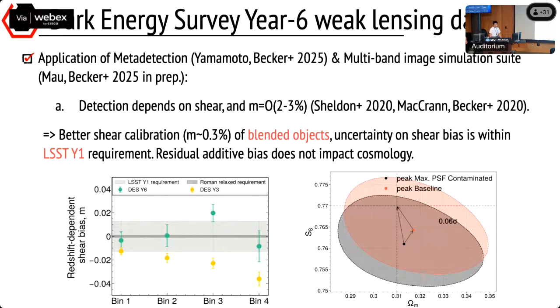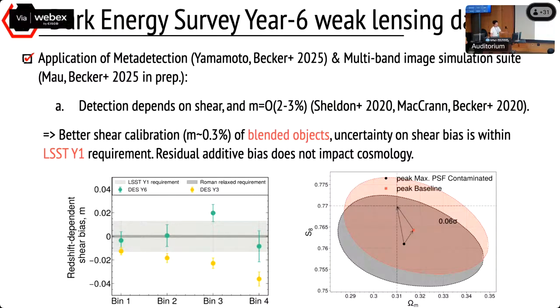So, newly estimated from our newly renovated multiband image simulations, our Y6 shear catalog contains an overall sub-percent level bias, which is an order of magnitude improvement compared to Y3. And tomographically, our redshift-dependent multiplicative bias is better in terms of the mean, as you can see in the plot here.